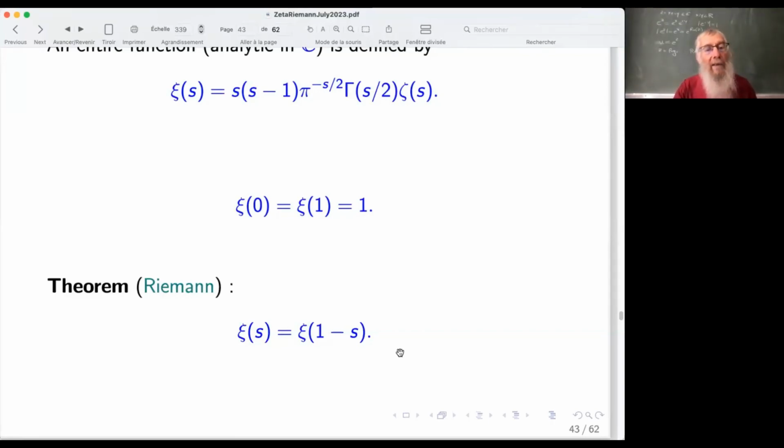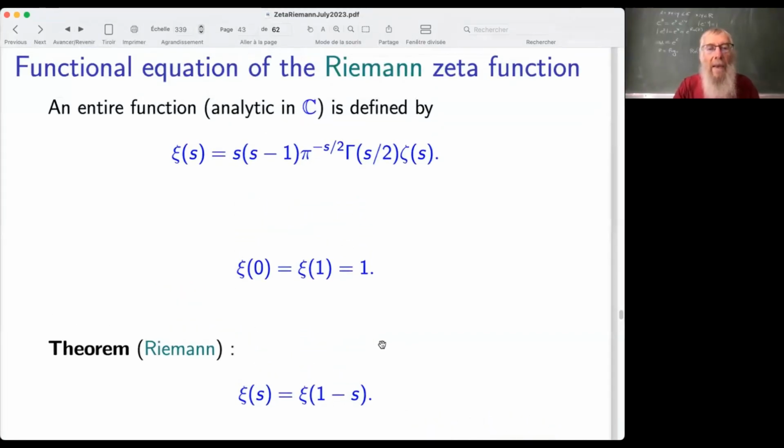So this is very, very powerful because you have a connection between the positive values, with the real part of s greater than 0, and the values where 1 minus s corresponds to the real part which is negative. And so we have some symmetry given by this functional equation, which relates s and 1 minus s.